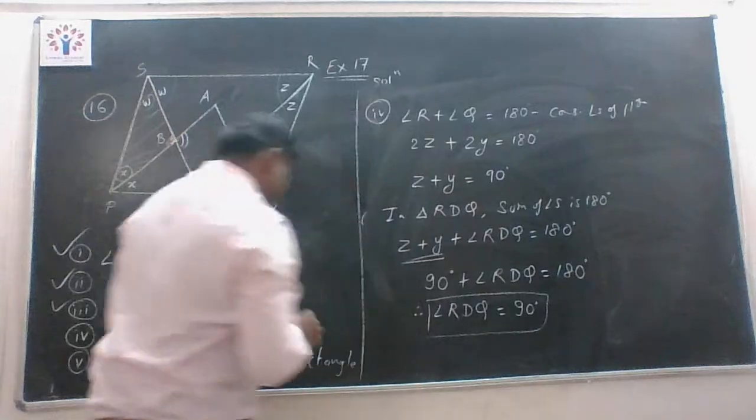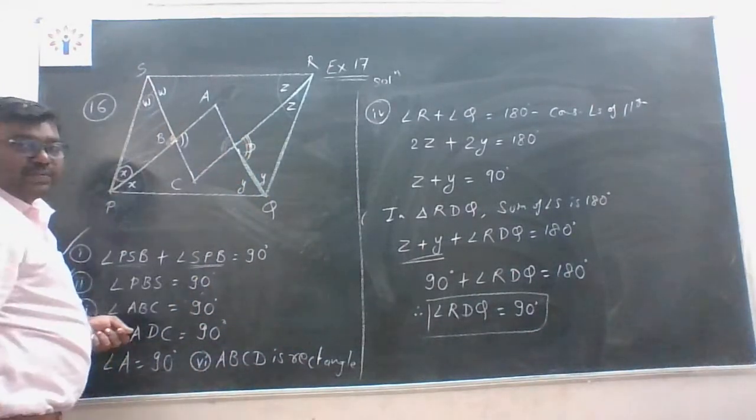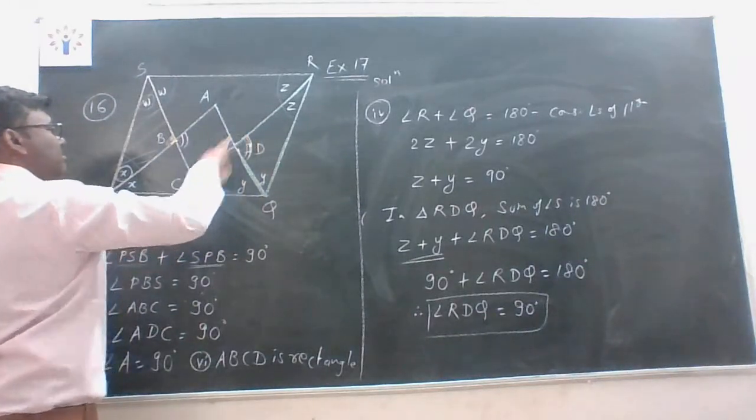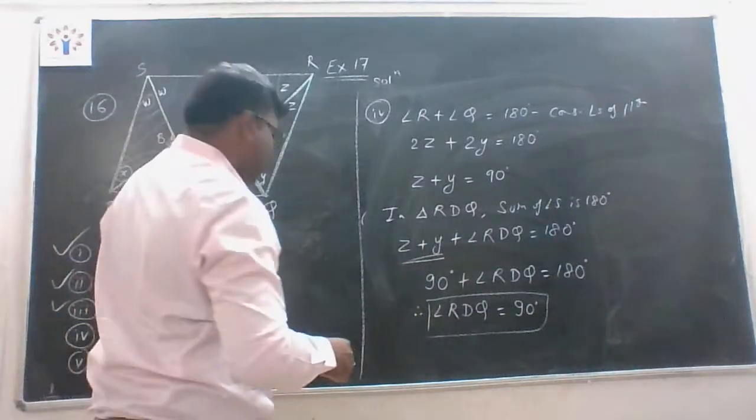Okay. So that means this angle RDQ is 90 degrees. If RDQ is 90 degrees, can we say this is also 90 degrees? Because they are vertically opposite angles. Correct?